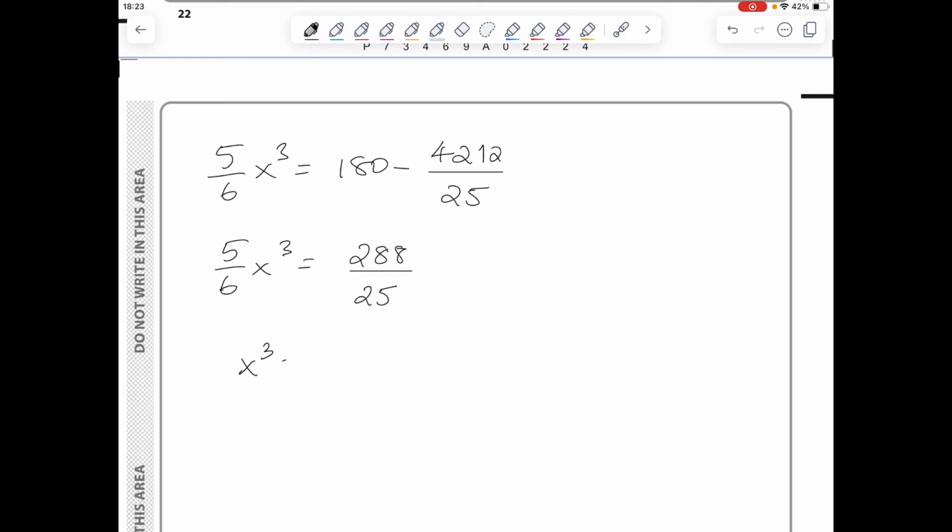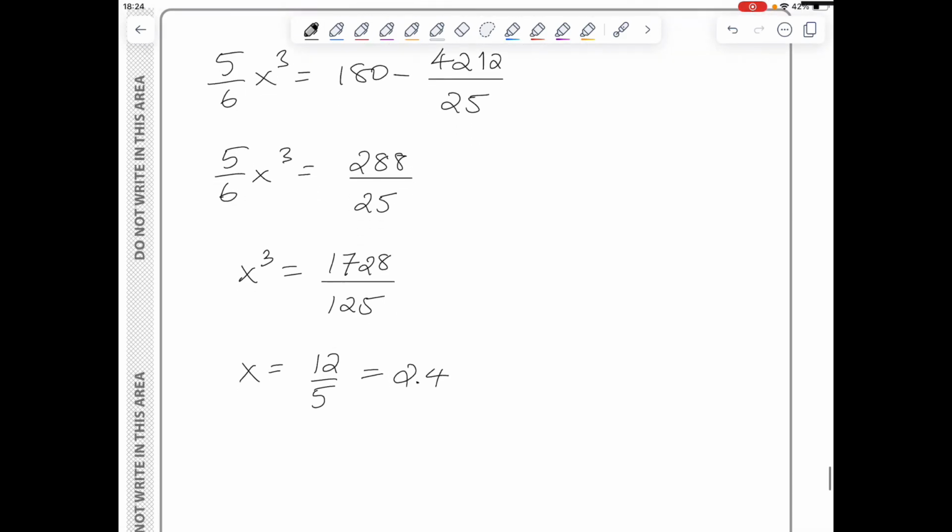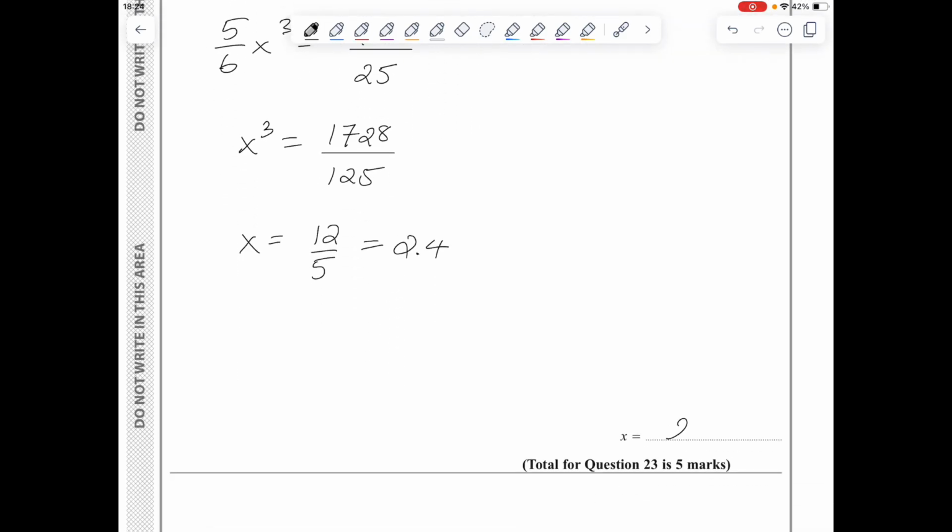So x cubed is 288 over 25 divided by 5 over 6, which gives me 1,728 over 125. So take the cube root of that. x comes out to be 12 over 5 or 2.4 as a decimal, and that's the final answer.